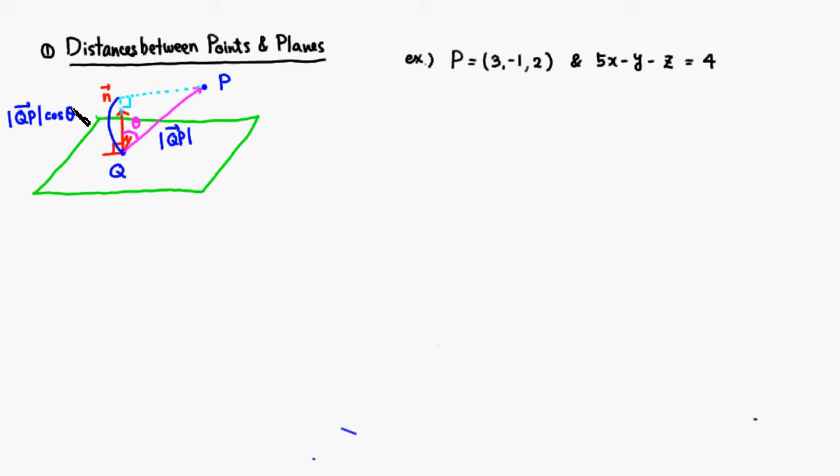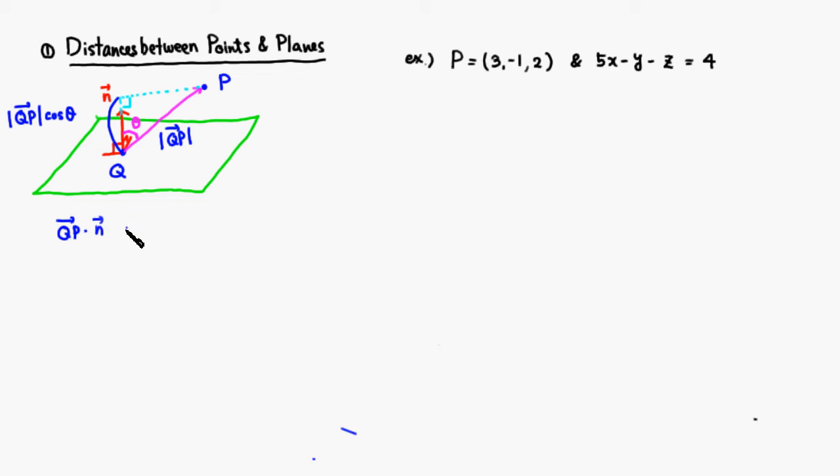Then we can actually do this because we have a similar expression if you take the dot product. So think of taking the dot product of vector QP with the normal vector n.